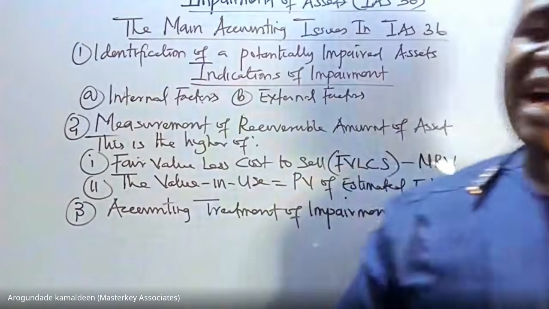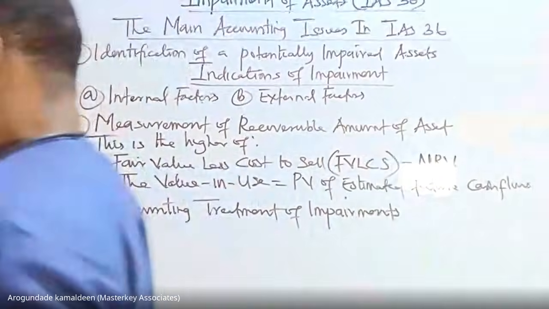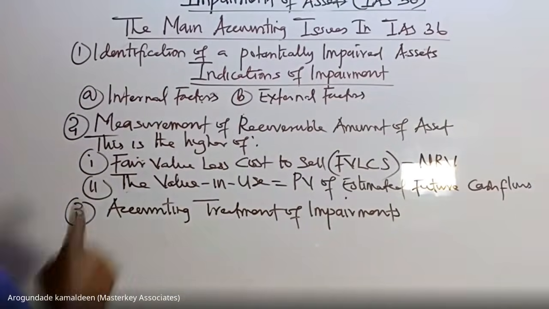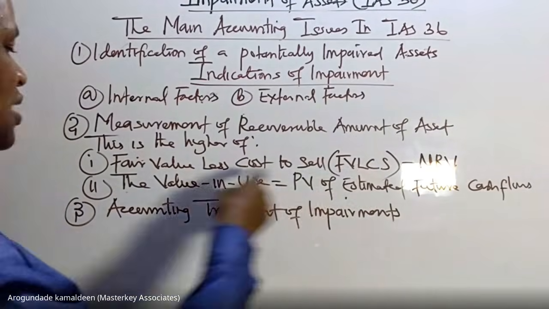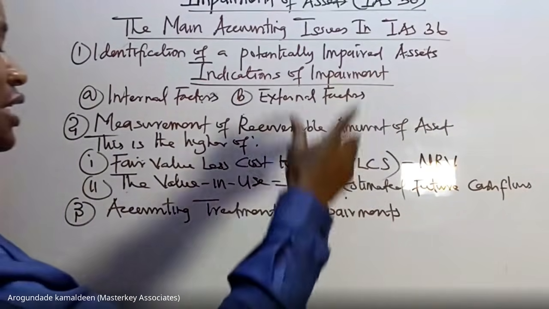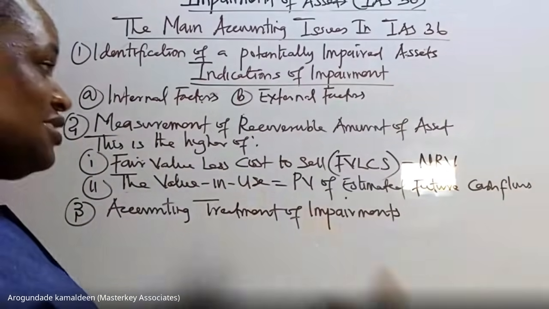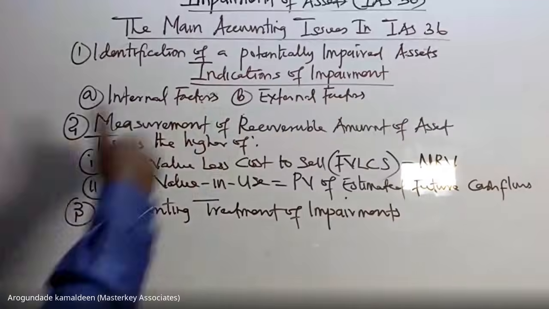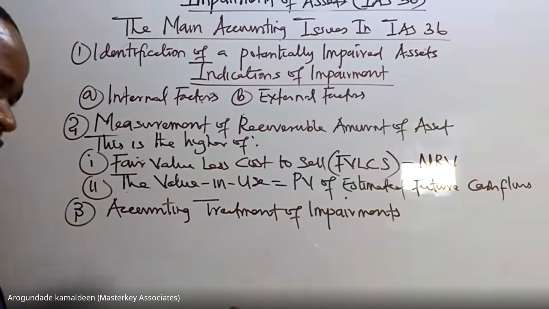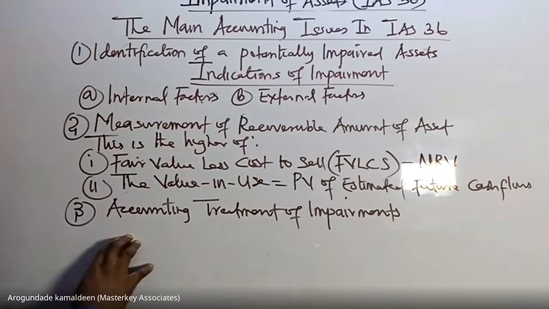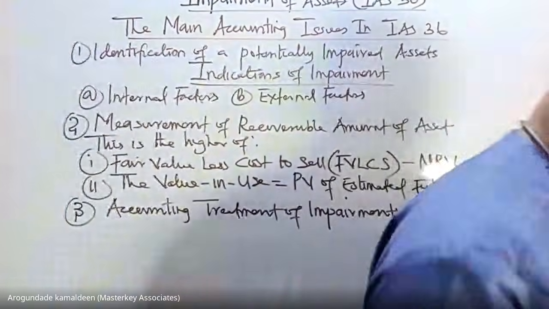And the recoverable value, according to IAS 36, is the higher of the fair value less cost to sell and the value in use. So if the carrying value exceeds the recoverable amount, then there is an impairment. So how are we going to account for the impairment?